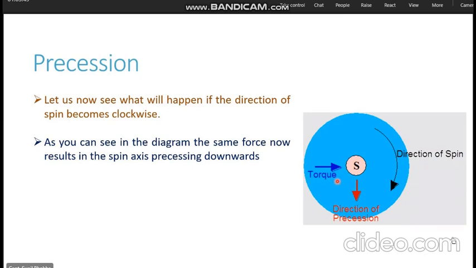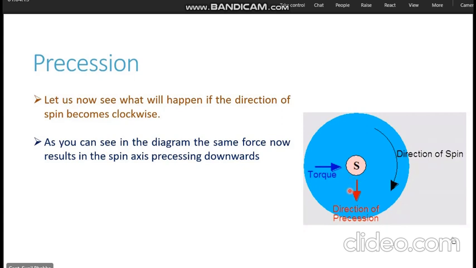Now in this particular case, when you apply the force in the horizontal plane, it is going to turn by 90 degrees in the direction of spin. So this blue color vector is going to spin 90 degrees clockwise. Once it spins 90 degrees clockwise, it will be pushing the spin axis vertically downwards.